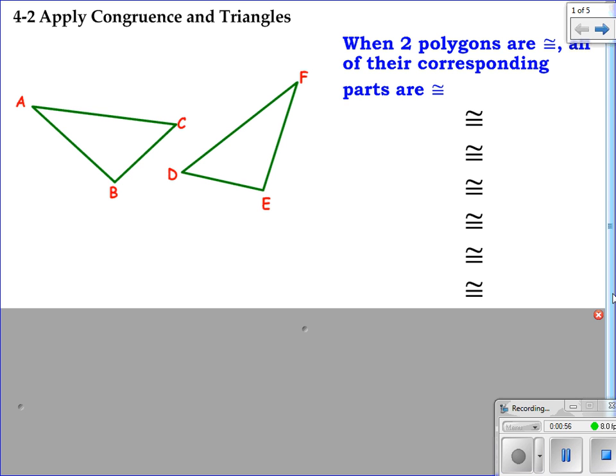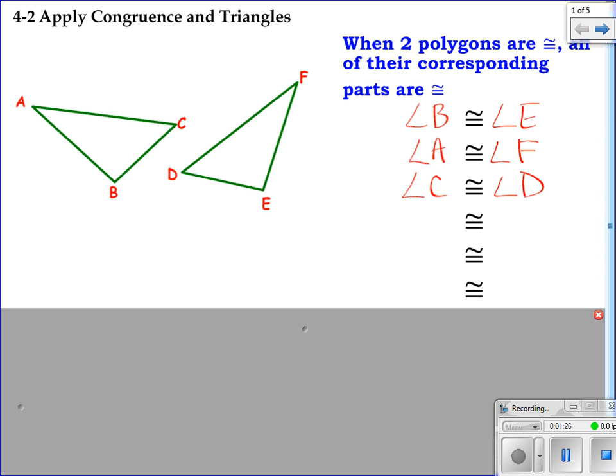So looking at the angles first, what ones would be congruent to each other? Okay, we could start with angle B and angle E. That would be one. Another pair would be A with F. And then that would leave the last ones, C with D.